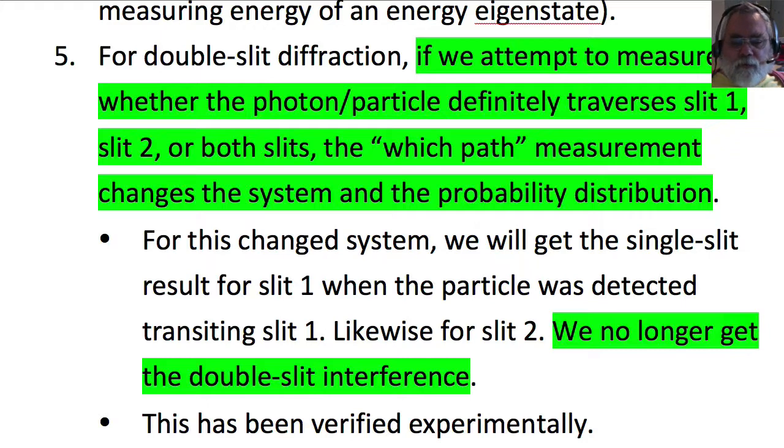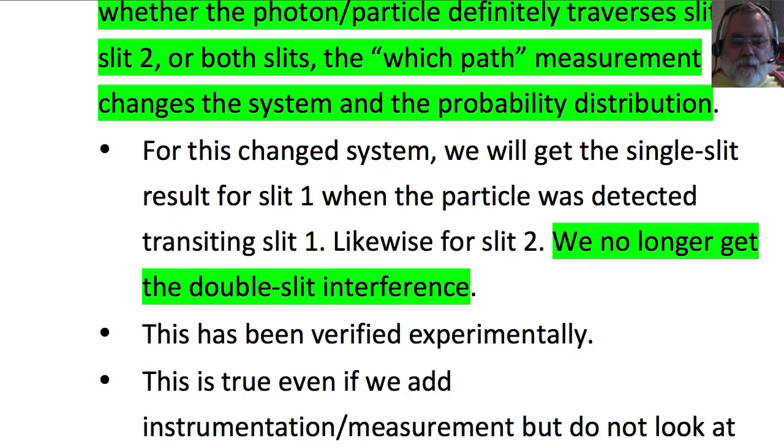If the particle was detected transiting slit 2, we will get the single-slit result for slit 2. We no longer get the double-slit interference. Measuring which path changed the experiment. This has been verified experimentally.